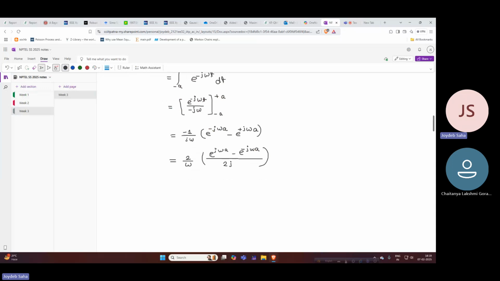So what is this? This is sine A omega. So this is 2 upon omega sine A omega. Right? So this is a sinc function.